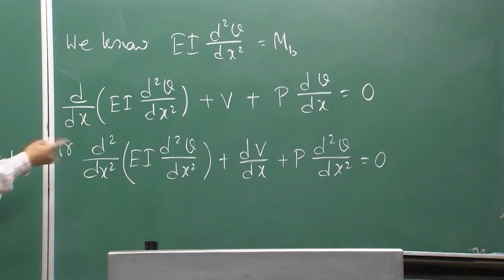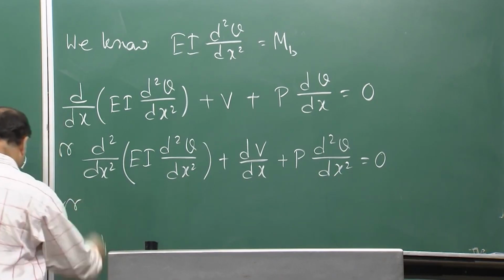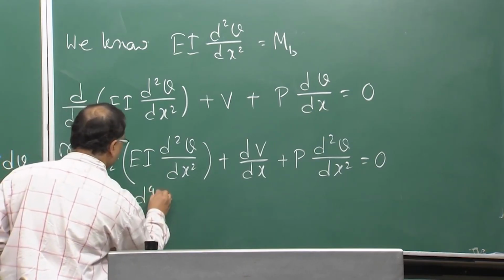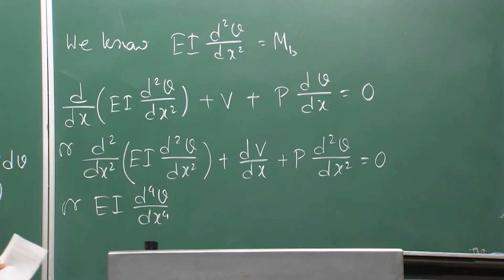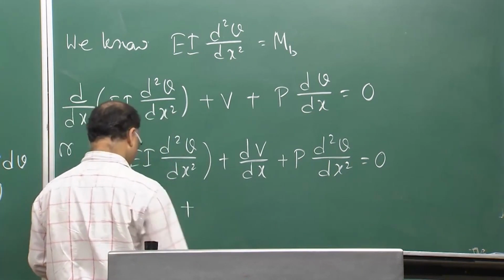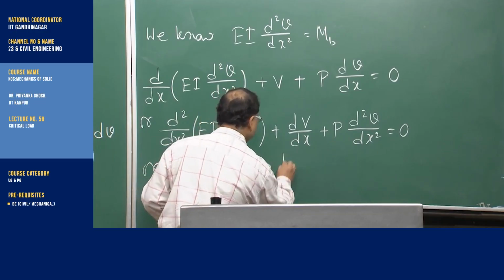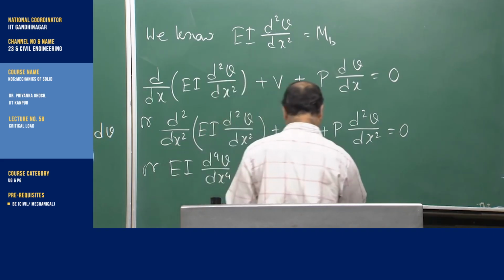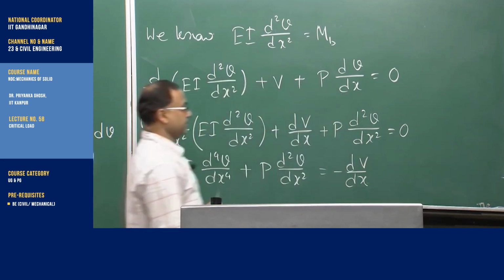By taking the derivative on both sides with respect to x, this can be further written as EI d4v/dx4 plus P d2v/dx2 is equal to minus dv/dx.